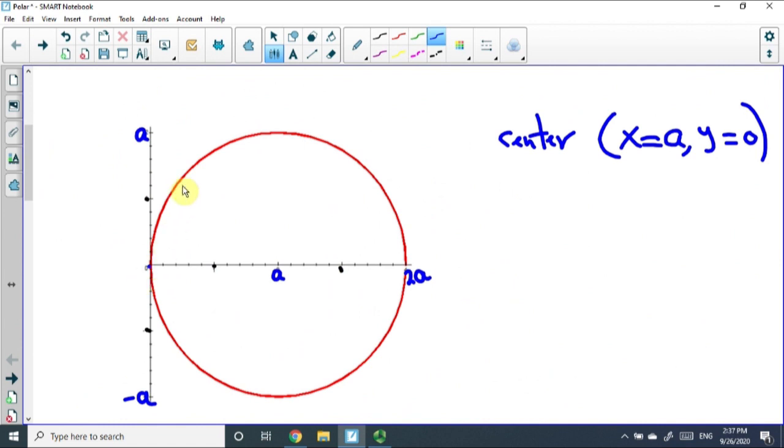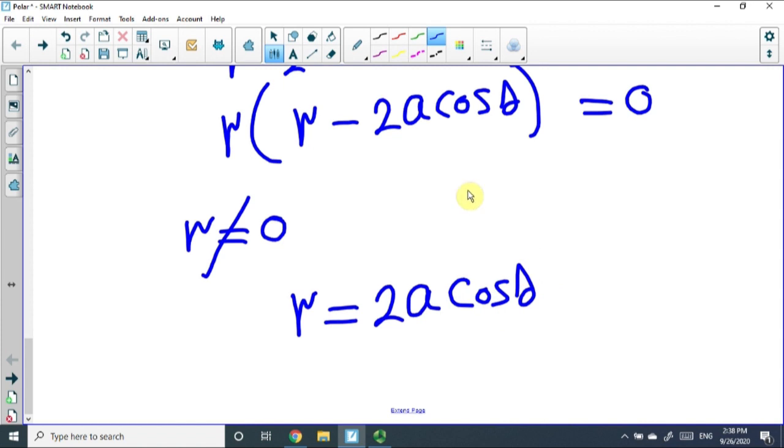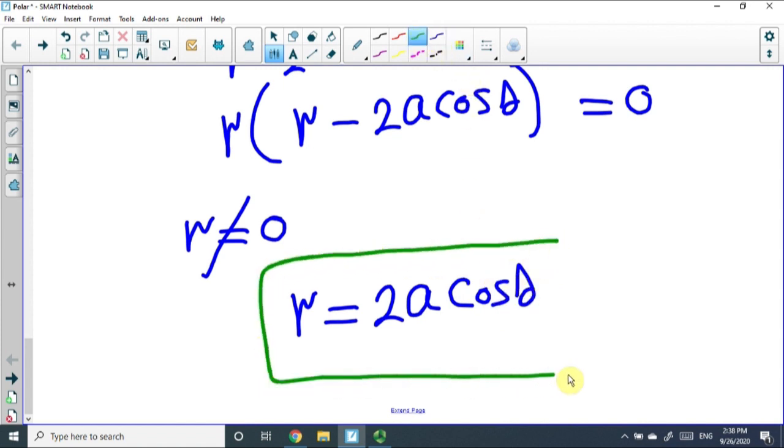At other values, r is not 0. So the solution is in fact the bracket equal to 0, and from that we conclude that r should be equal to 2a multiplied by cosine theta, and that is the equation of the circle in polar coordinates.